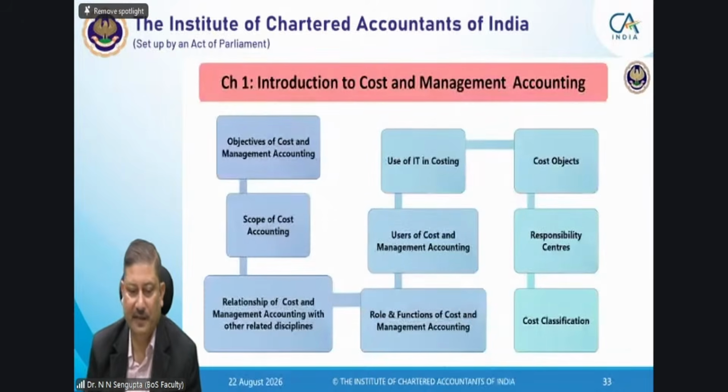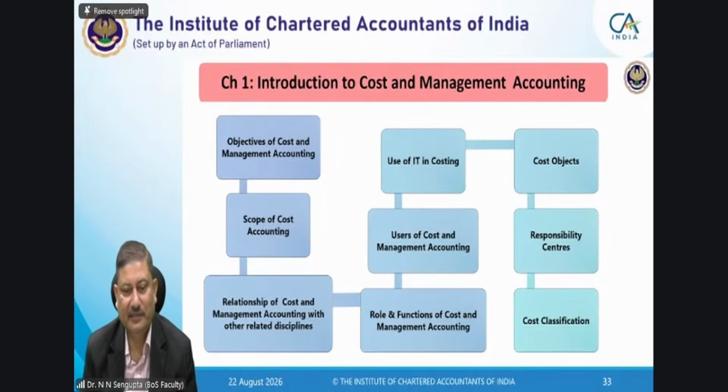Now, chapter wise, I will tell you certain things. In the first chapter, there is an introduction to cost and management accounting: objective of cost and management accounting, scope, relationship of cost and management accounting with other related principles, use of IT in cost accounting, users of cost and management accounting, role and function, cost object, cost classification, responsibility center.